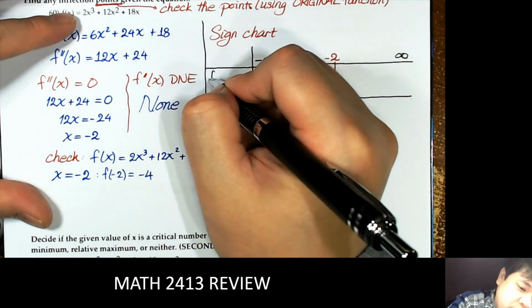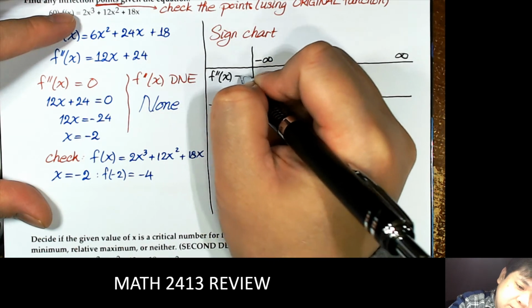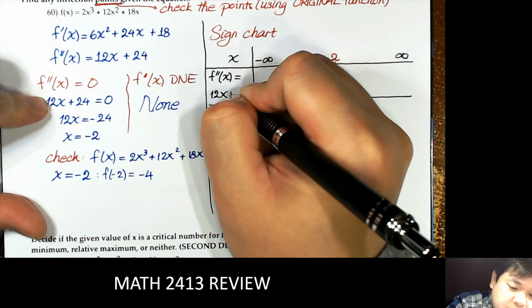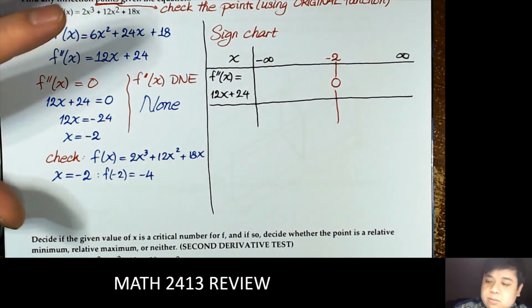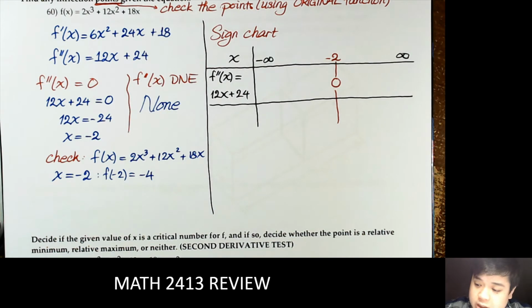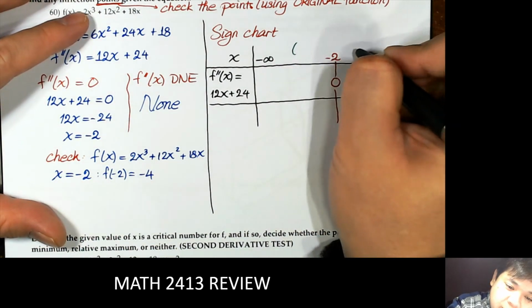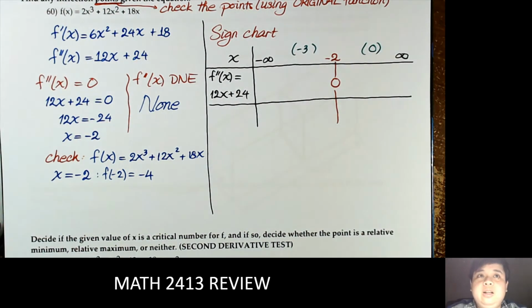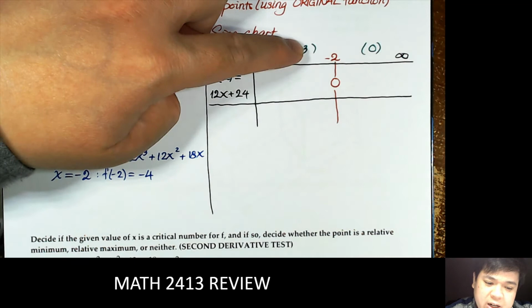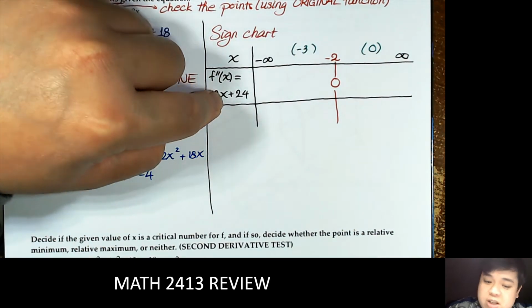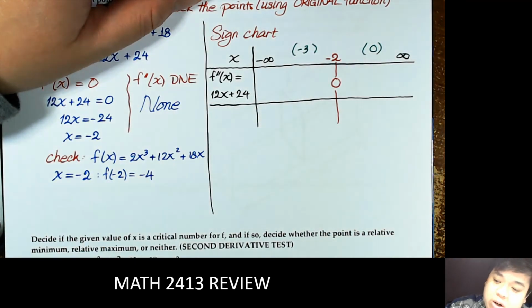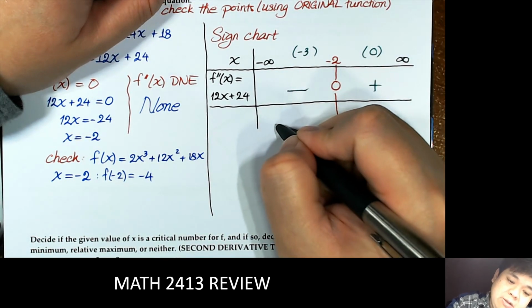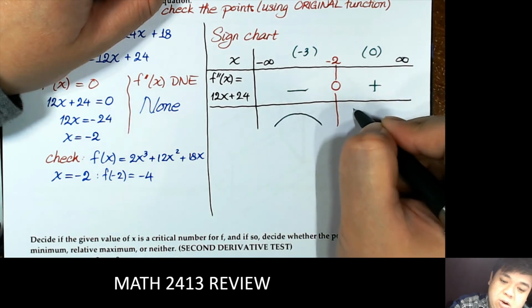I should put the second derivative here, 12x plus 24. Actually 0 would be here and negative 3 would be there. I will just do that by hand. Negative 3 in here will be negative 36 plus 24, so that's negative 12. Put 0 in there, that's positive. Negative is concave down and positive is concave up.